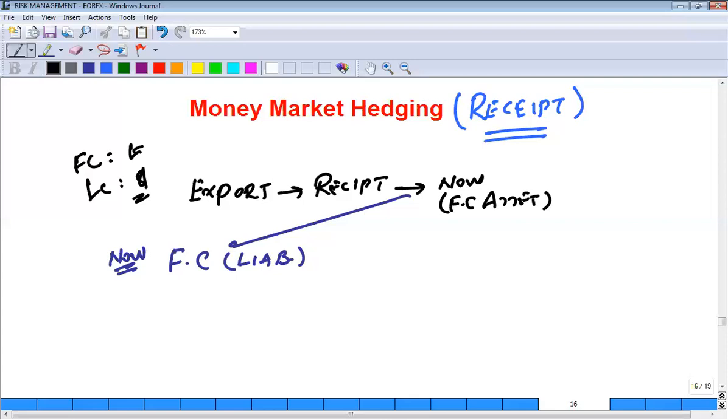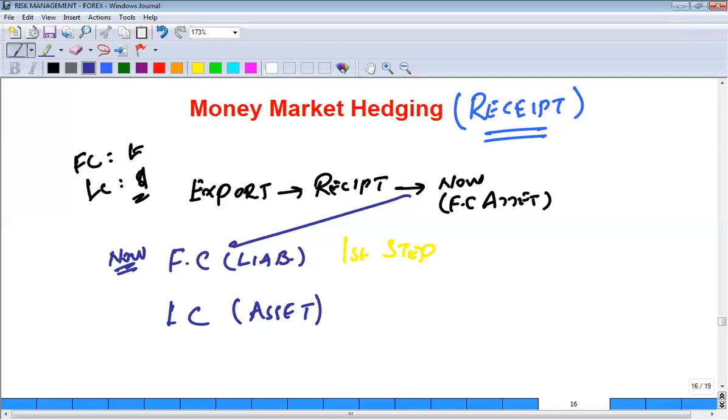So, first step, we have to make the foreign currency liability. Second step, convert it to the local currency and make an asset. That means we have to sell the amount of foreign currency liability which we have established now.